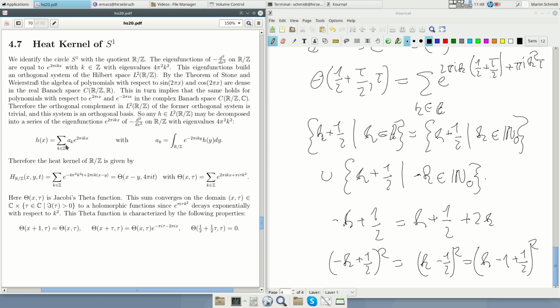This is also the Fourier transform for this space. Then we applied our method, derived the formula for the heat kernel, and showed that the heat kernel is indeed given by the theta function. So this is a nice formula for the heat kernel on the circle. So thank you.